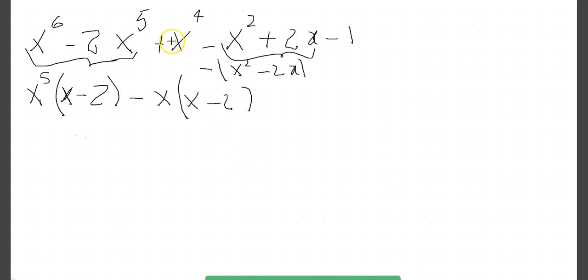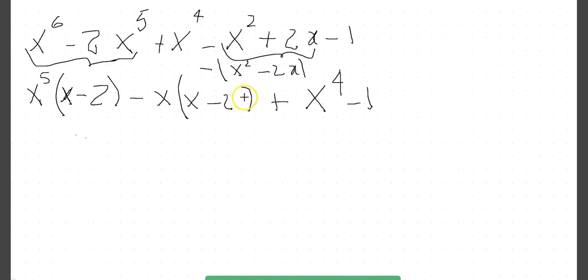So I'm done with this part. I only have this part, x to the power of 4 minus 1, because I already worked those.